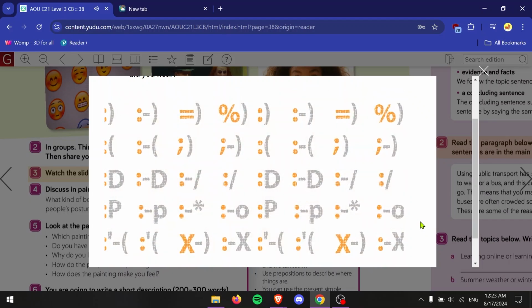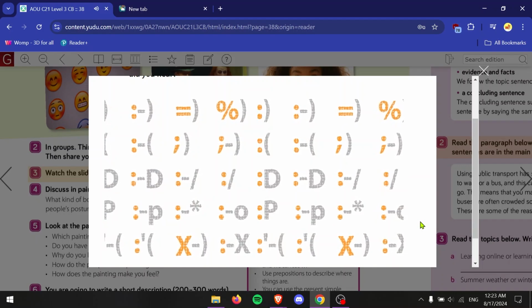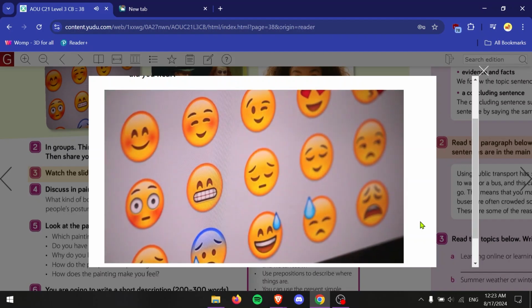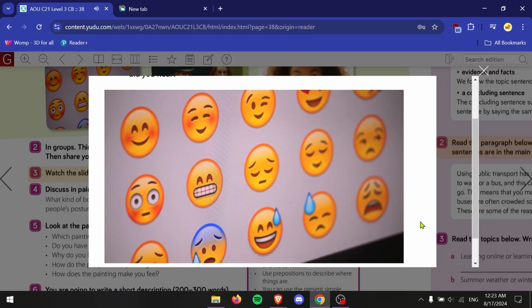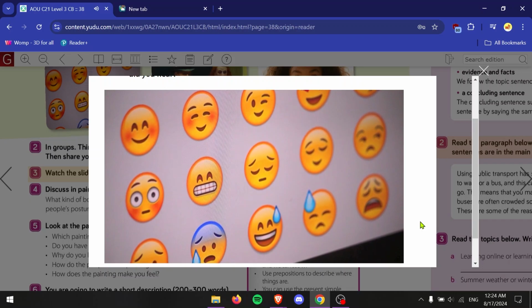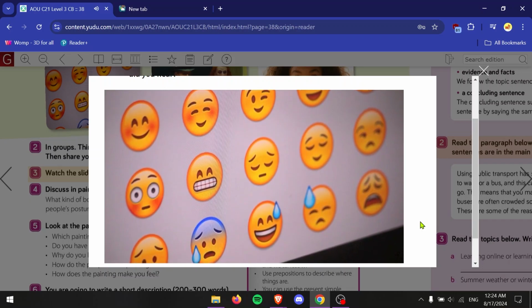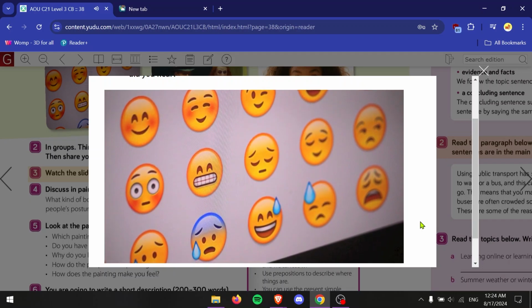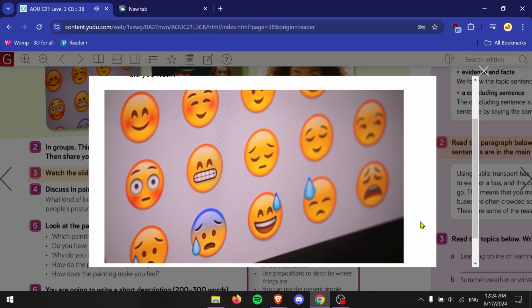Unless you use emoticons, such as smileys or winking faces. Or emojis, like these. They help make the tone of the message clearer. And of course, they are also often used to make jokes. Do you use emoticons or emojis? Which do you find most useful?